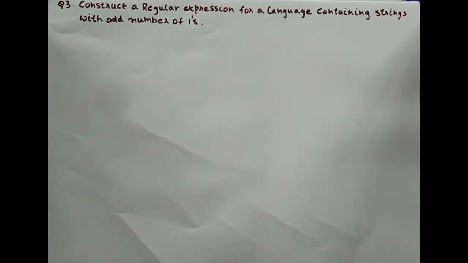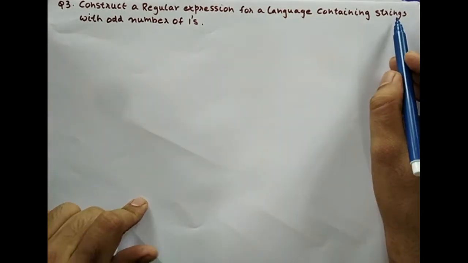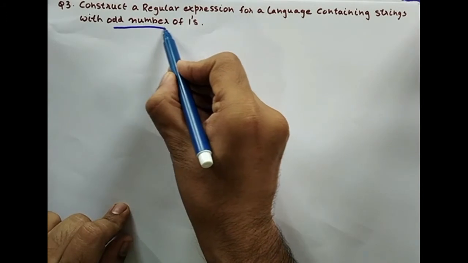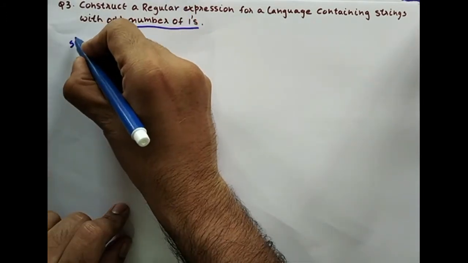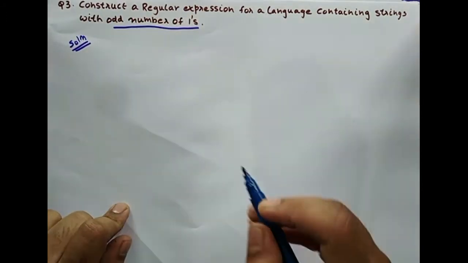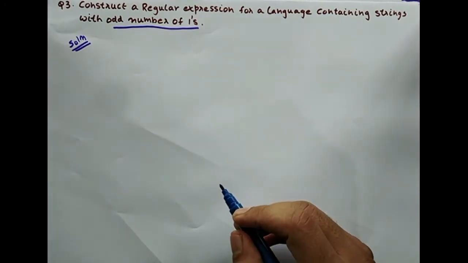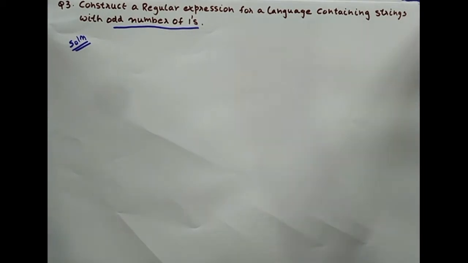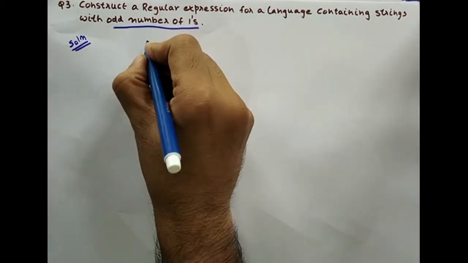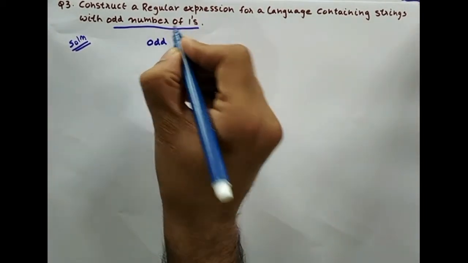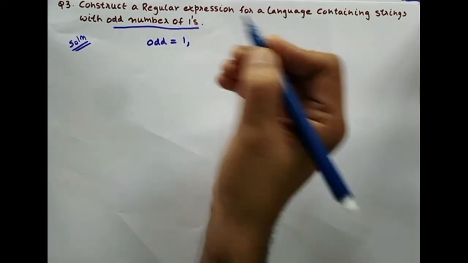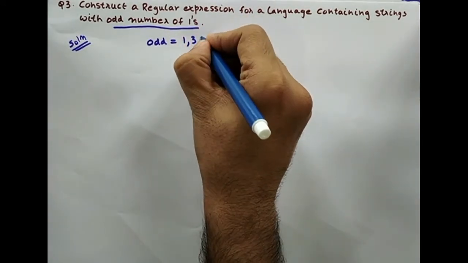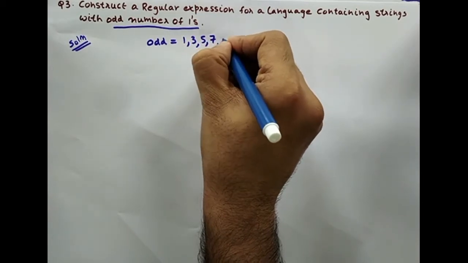In this problem, we are supposed to determine a regular expression for the language that contains strings with an odd number of ones. So we have to go with the definition of what an odd number is. An odd number starts with 1, then 3, 5, 7 and so on.